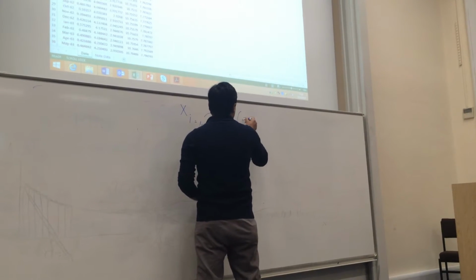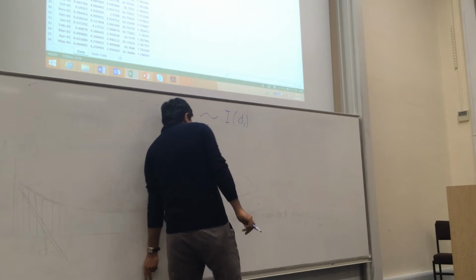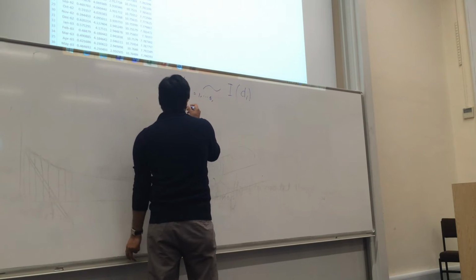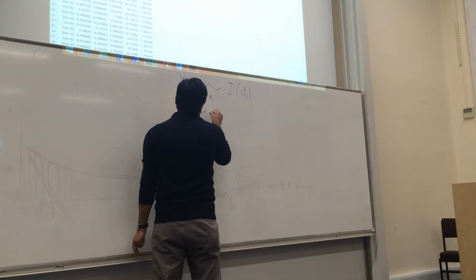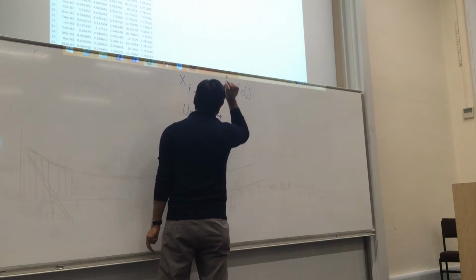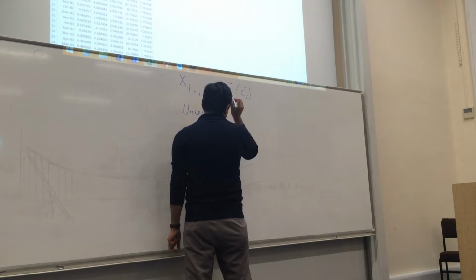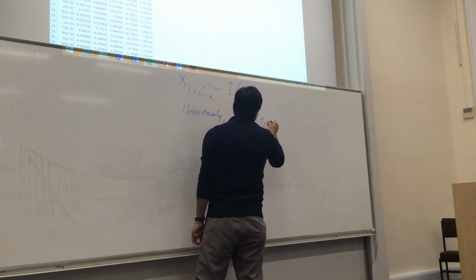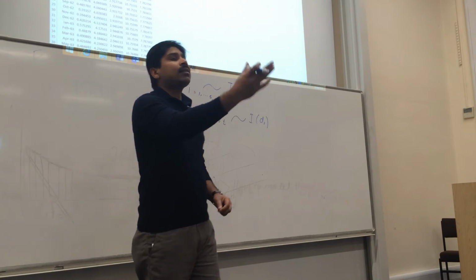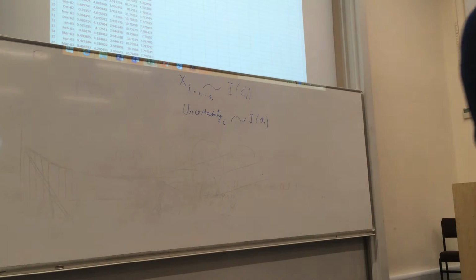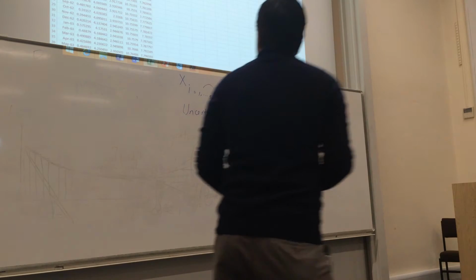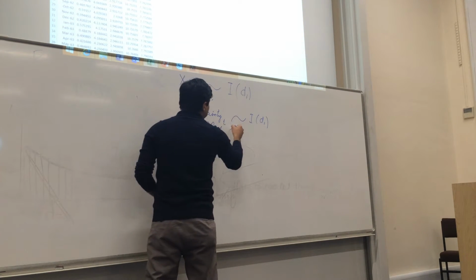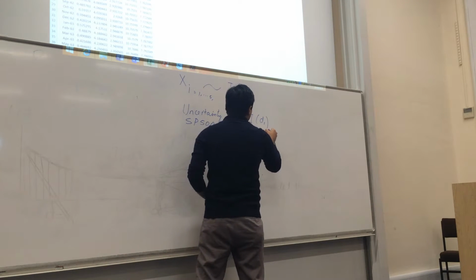And this should be distributed as I(d_i). In the sense that I have a variable called uncertainty, at time t it is distributed as, say, I(d1). d1 can be 1, d1 can be 0. Similarly, SP500 at time t is I(d2).